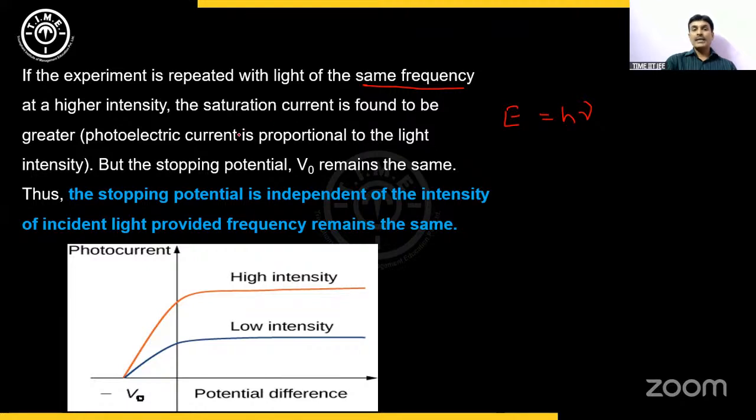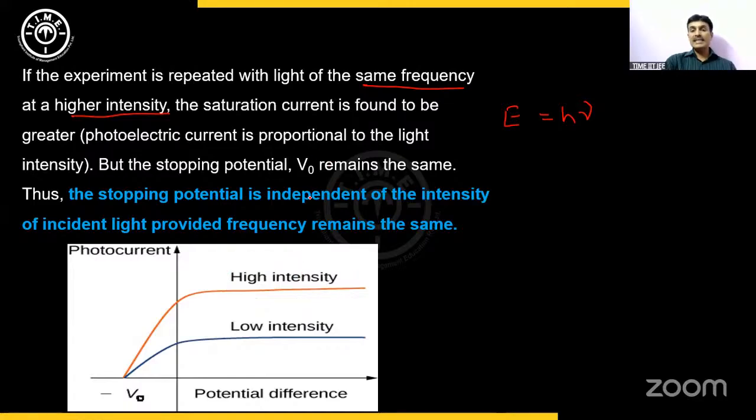When radiation with high intensity is used, the saturation current is found to be greater, because high intensity means more photons are falling on the metal surface, which leads to the release of more electrons. The more electrons, the more current. So that's why for high intensity, we have high saturation current.